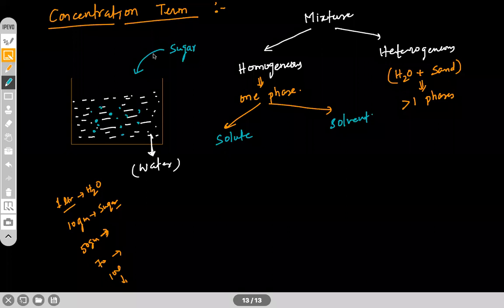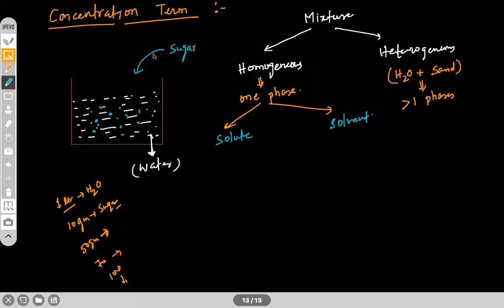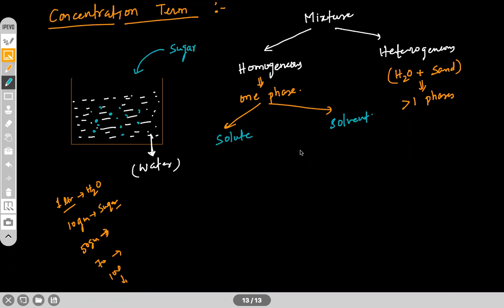Can solvent be solid also? Can we take a solid substance as a solvent? It has to be fluid. No, it's not always true. See, actually, the solute and solvent terms we define with respect to their amount present in the mixture.